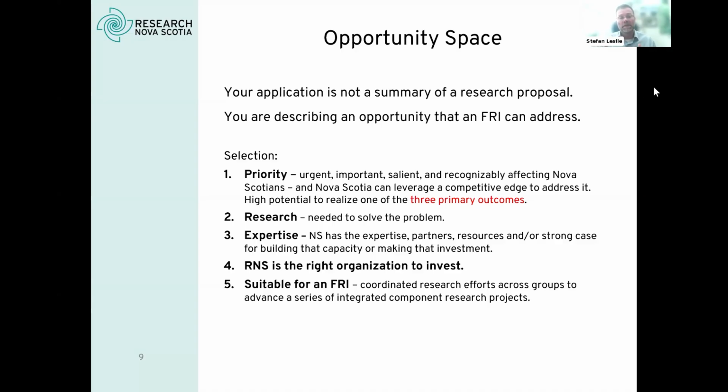And then finally, as I mentioned, that this is an area that's suitable for an FRI, that really a coordinated effort across groups is the mechanism that is particularly well suited to achieve one or more of those three primary outcomes, which I'll now speak to.